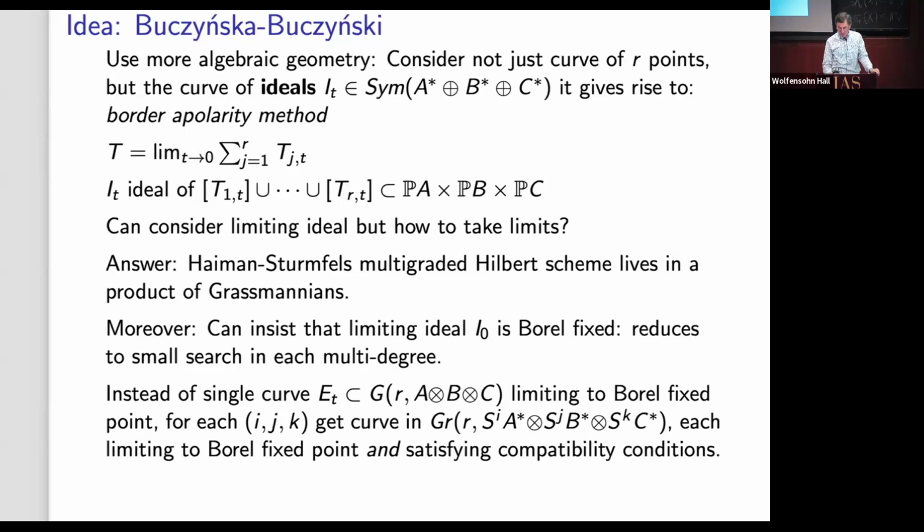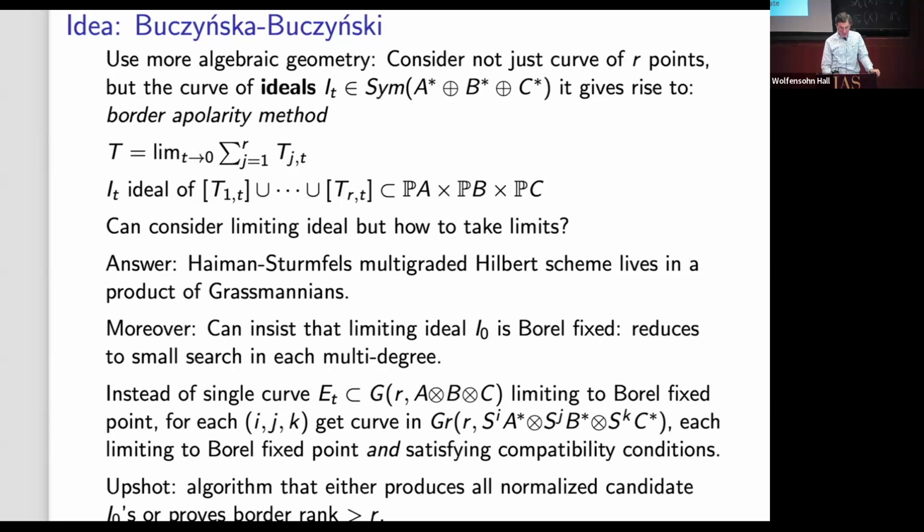And so you get some compatibility conditions for any candidates in low degree. And the upshot is, if you're not concerned with smoothability, you're not concerned with saturability, you get all winning ideals from the Haiman-Sturmfels point of view, or there are none, because maybe there's nothing that's Borel fixed, and then that is a winning candidate, and then you've proven a lower bound.